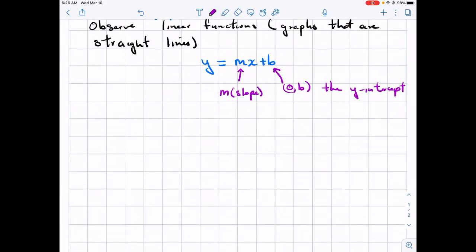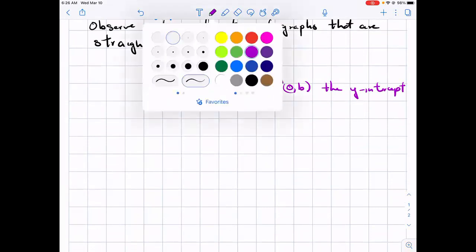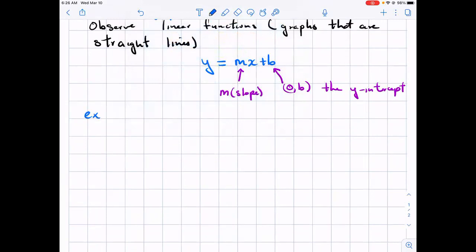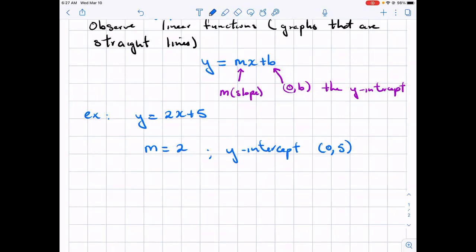So for example, y equals 2x plus 5. In this case, m is equal to 2, and the y-intercept is the point (0, 5).